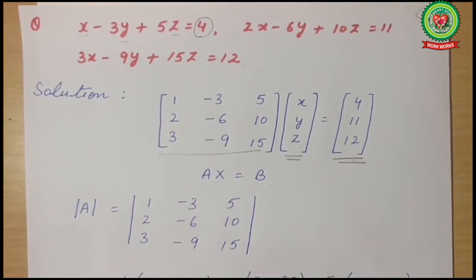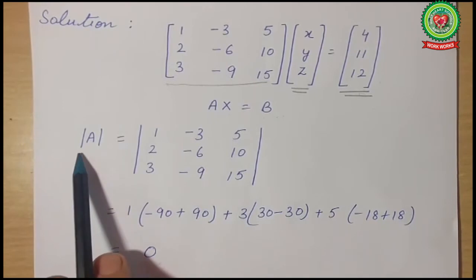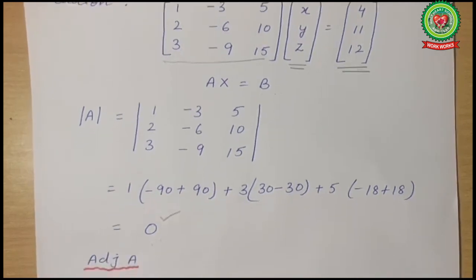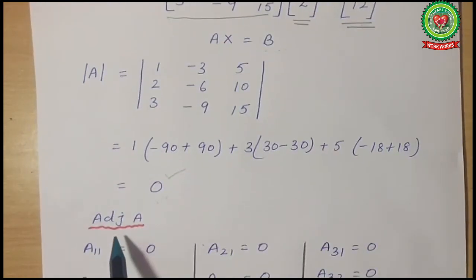Now, we will follow the second step. Determinant A is equal to 0. Now, we will follow another step because determinant A is 0. Then we will find out the adjoint A. To find the adjoint A, we will find out the cofactor of all the elements of the given matrix.